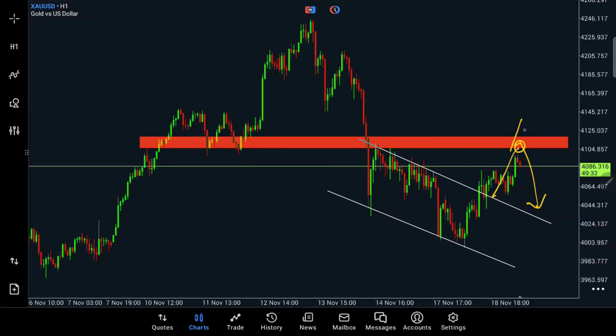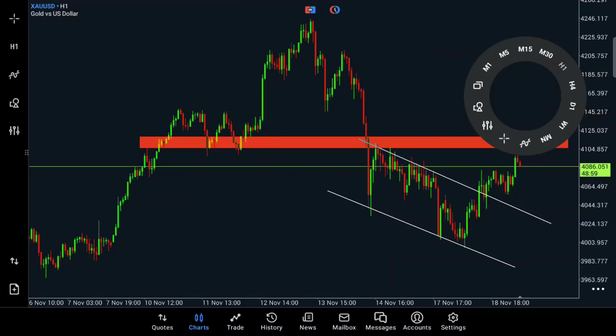Otherwise, if there is a breakout, then we have to wait for a pullback, then we can take a buy entry from that particular area. So this is the current scenario, and as you can see, the market is just trying to move bearish, and there is also a zone. If the market comes back to that particular area, then we have to wait for a candlestick confirmation, then we can consider a buy entry from that particular area. And those are all our key zones or key levels for the H1 time frame. So you have to wait until price reaches that particular area.